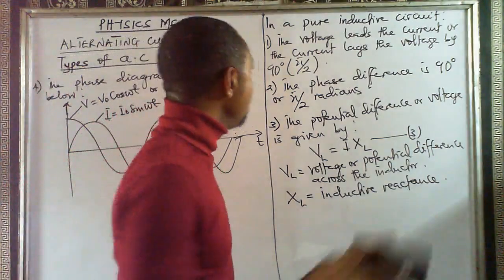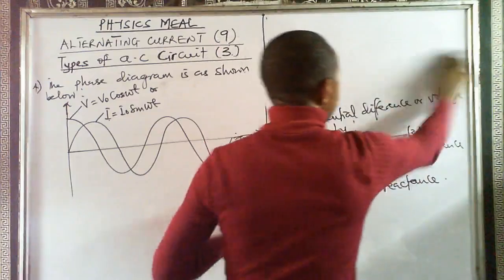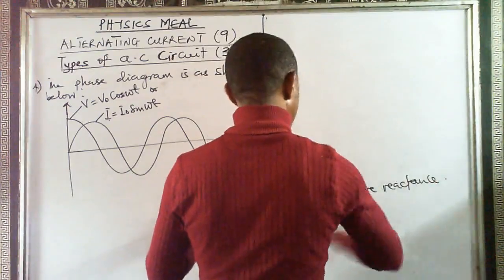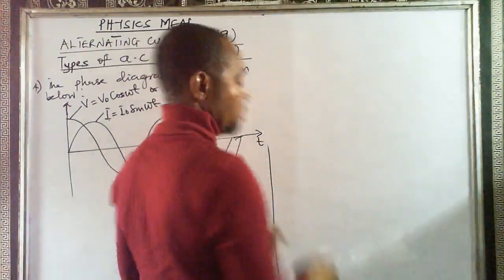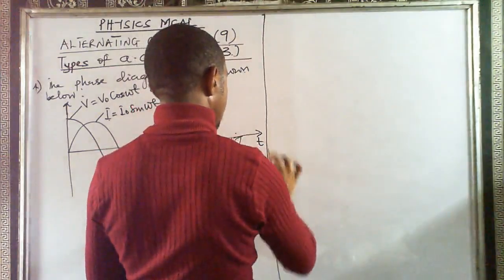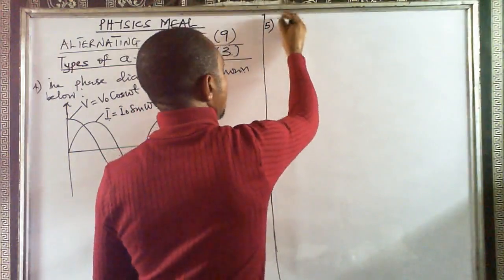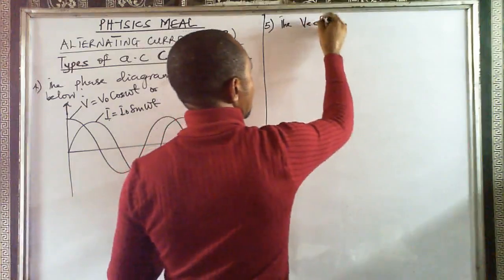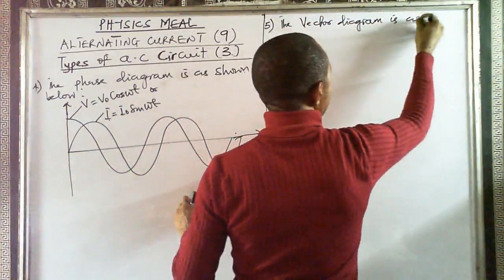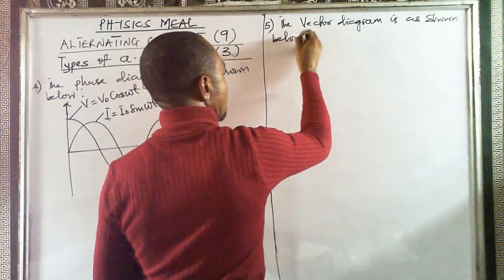Now, what will be the vector diagram? The vector diagram, point number 5, is as shown below also.